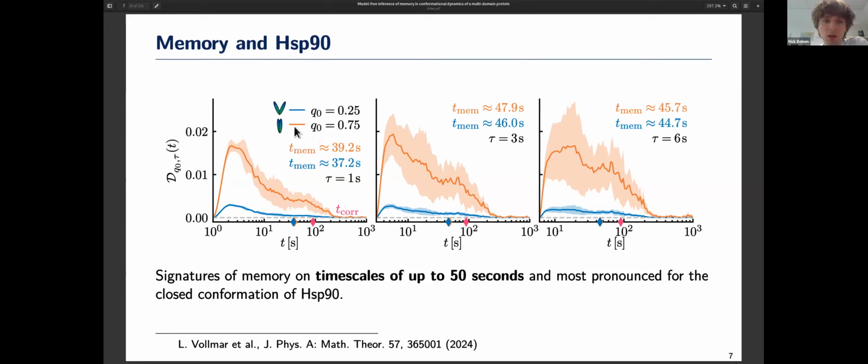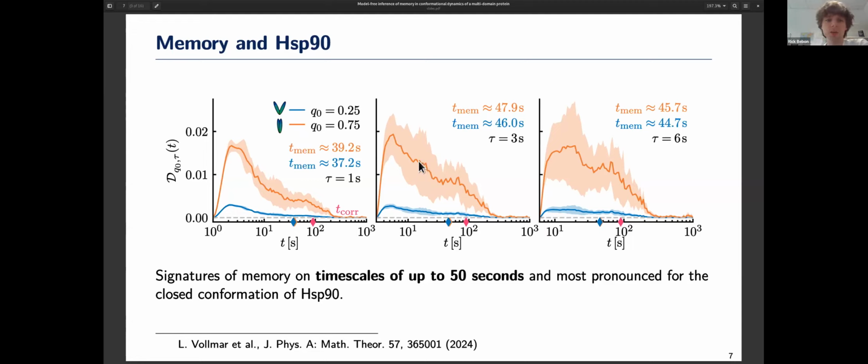The orange color corresponds to the closed conformation, and the blue color corresponds to the open conformation. So here we can probe the memory of hidden degrees of freedom in the open or closed conformation. And here we see that it appears that the closed conformation has more memory about hidden initial conditions of hidden degrees of freedom than the blue one.